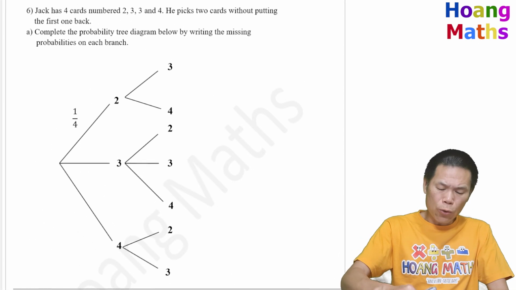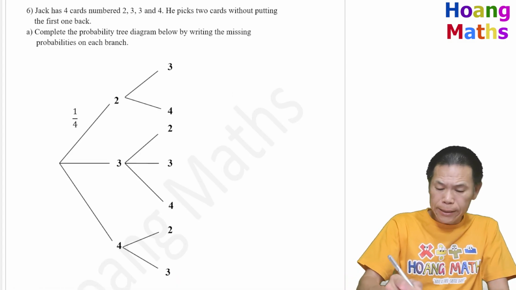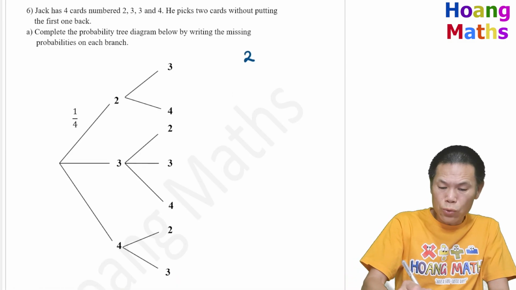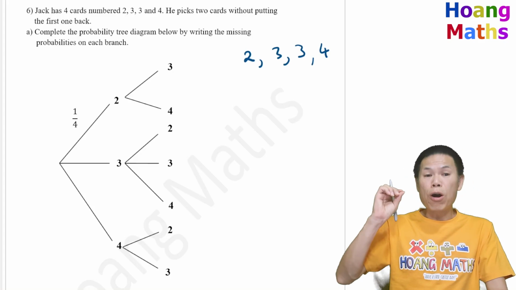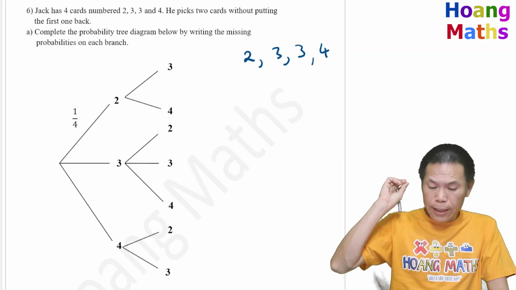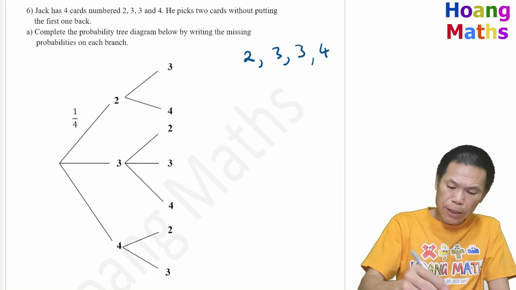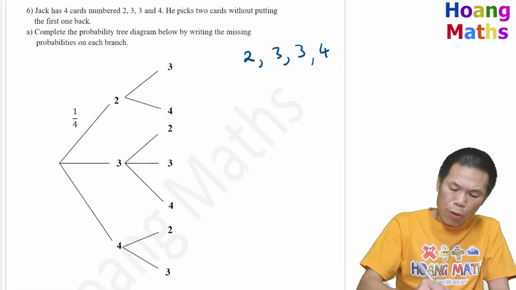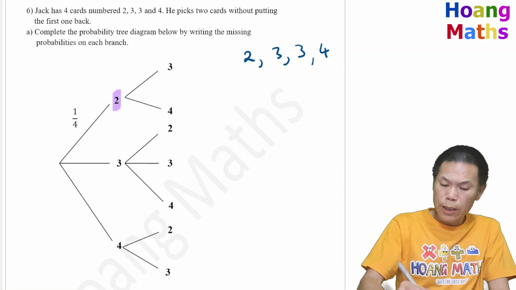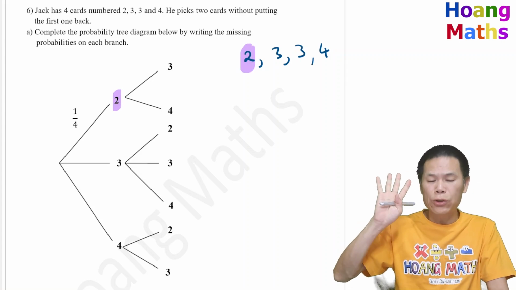So first of all, we know that Jack has these numbers here: 2, 3, 3, 4. So therefore, the probability that he gets a 2 for the first draw, or a 3, or a 4. The probability getting a 2 is 1 out of 4, because of 4 cards, only one 2.